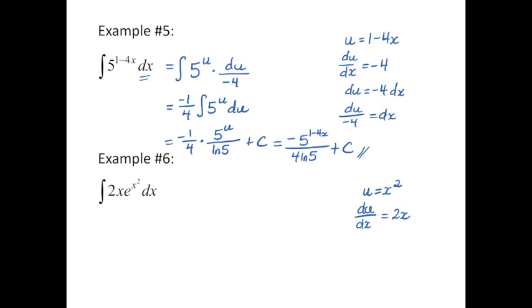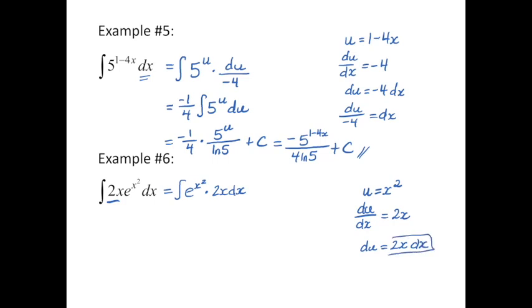So that 2x, well, that happens to align pretty well with this 2x out in front of our e to the x squared. So what we could do, if we think about this integral as e to the x squared times 2x dx, so just taking that multiplication of the 2x times e to the x squared and rearranging it so the e to the x squared is multiplying first, then we can see this as being, well, if we rearrange the du dx, multiply both sides by dx, we get 2x dx.